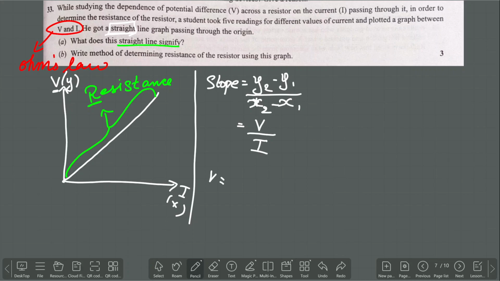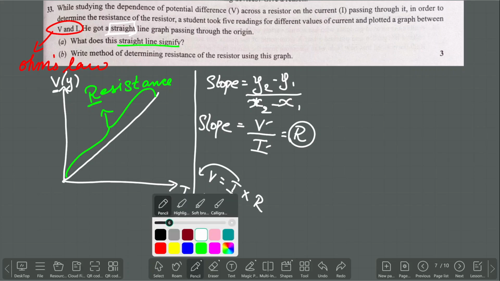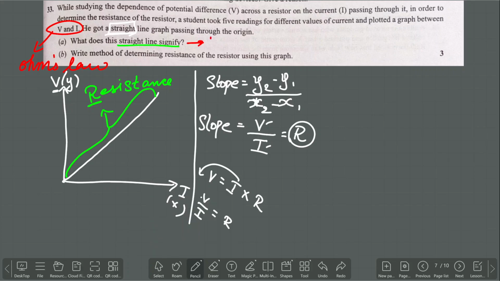What is the Ohm's law formula? V is equal to I into R. Take the I to the other side; here it is in multiplication, while coming to the other side by division it will become multiplication. V by I is nothing but called R. That means the slope of a potential difference and current graph gives us the resistance R. So for this question the answer is resistance.